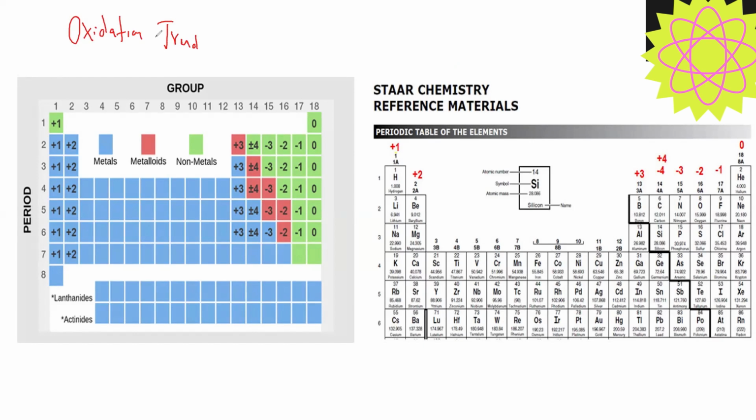So how do we understand this? What is the oxidation number for noble gases? Because they are gonna have 8.